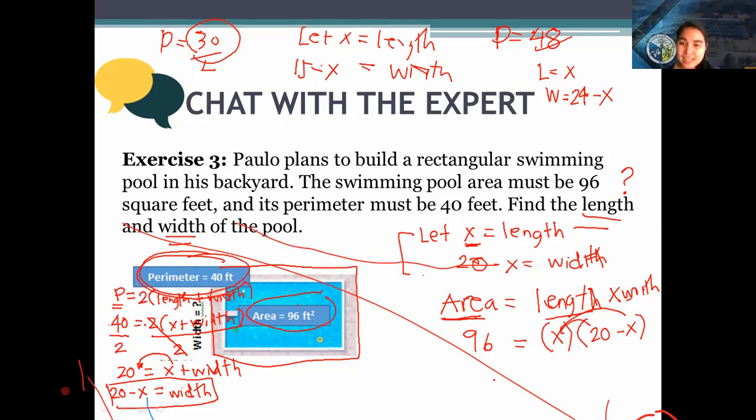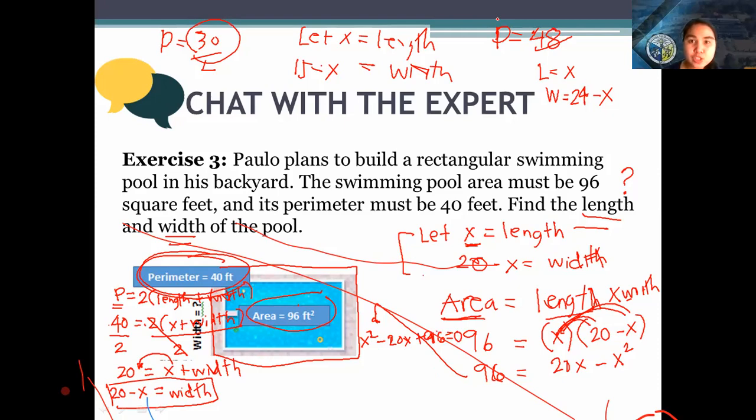We have 96 equals 20x, that's x times 20. X times negative x is negative x squared. Next, we write it in the standard form. So we have x squared minus 20x plus 96 equals 0.